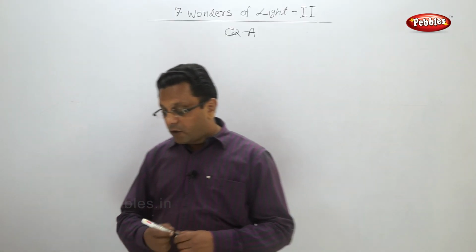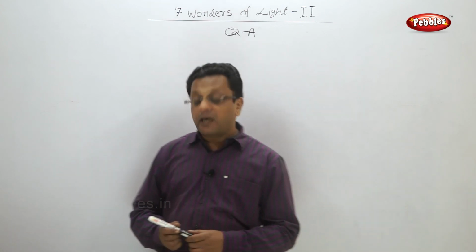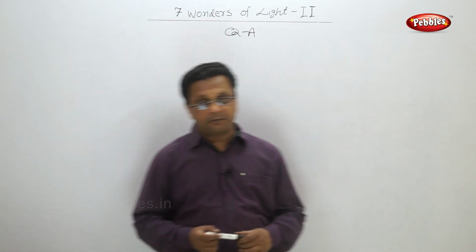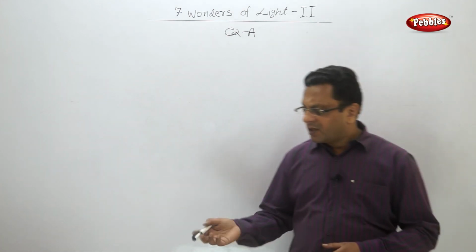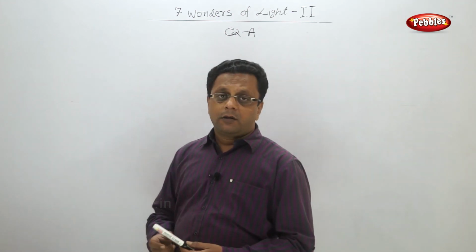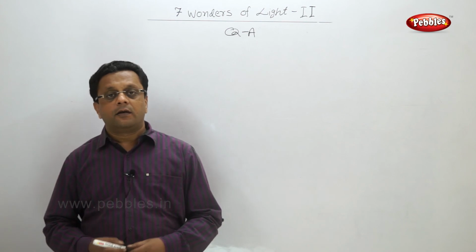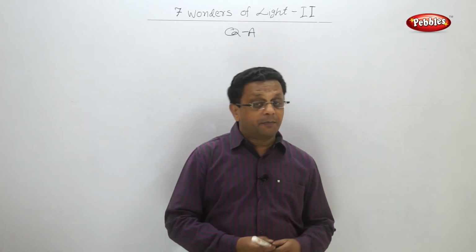Explain how the formation of a rainbow occurs. This was for 3 marks in the March 13 and July 15 exams, likely to come in this year's exam. Okay, very simple. We have already seen in detail the reason behind a rainbow, because the droplet behaves like a prism.